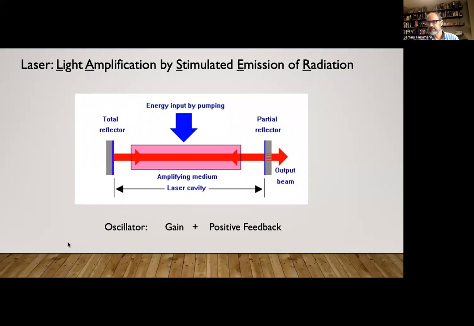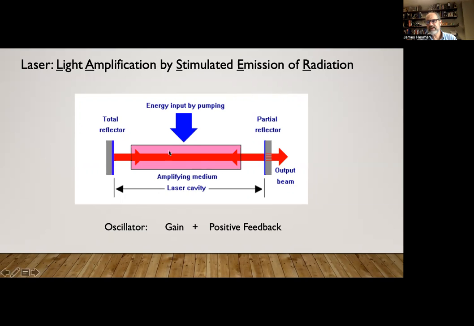All right, so a laser, of course, refers to light amplification by stimulated emission of radiation. So we have to talk about what those things mean. So first, light amplification. Inside of a laser is a medium that's designed to amplify light at a certain wavelength or band of wavelengths.